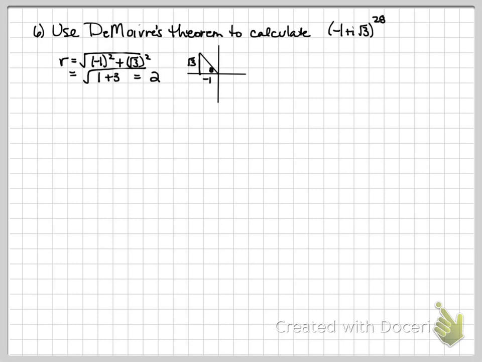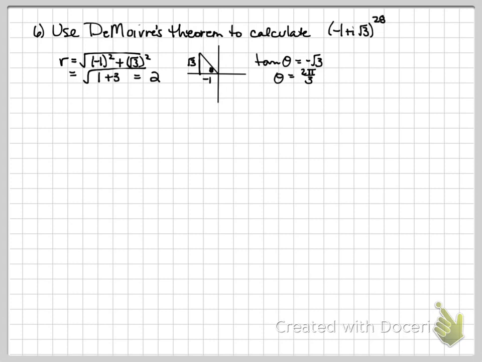For my tangent, it's -root 3 over 1, or -root 3. Well, if it's in the second quadrant, tangent is -root 3 at 2 pi over 3. So there's my theta.